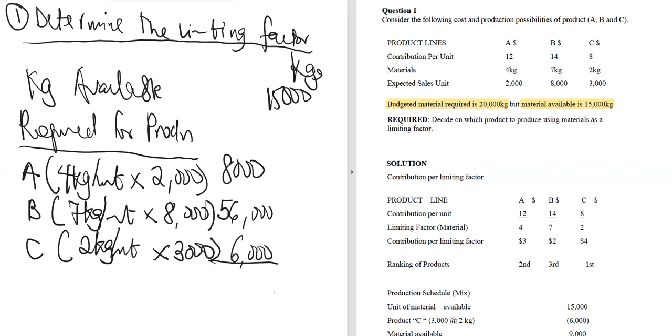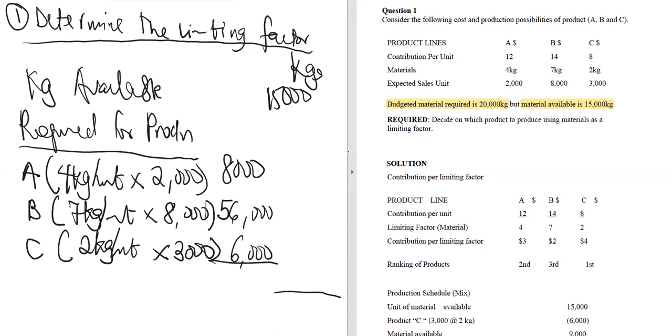At the end of the day, we will require 8,000 plus 56,000 plus 6,000 to produce, which is about 70,000. I think the middle one should have been 800 rather than 8,000, to make it 20,000 kg required.